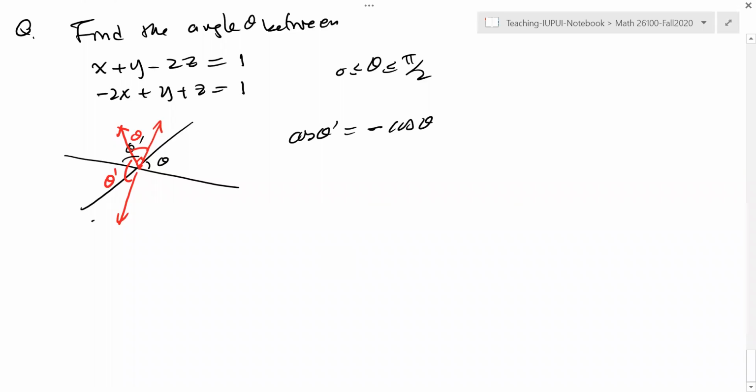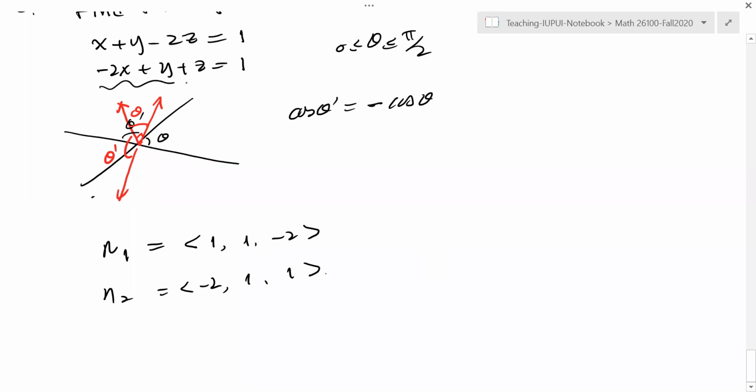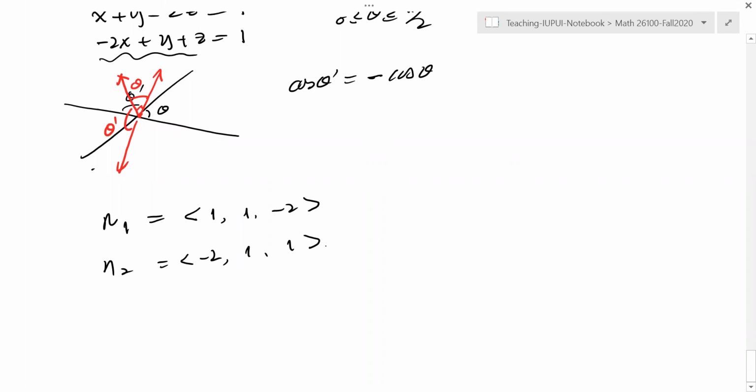All right. So now the normal vector for the first plane, n1, is going to be 1, 1, negative 2. You can read it from the coefficients. For the second, negative 2, 1, and 1. Those are the two normal vectors.